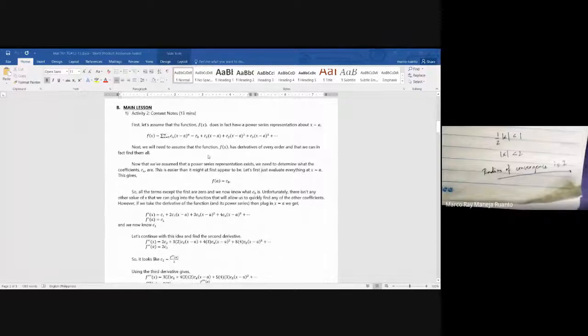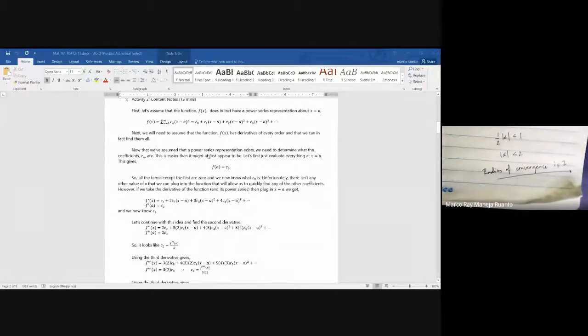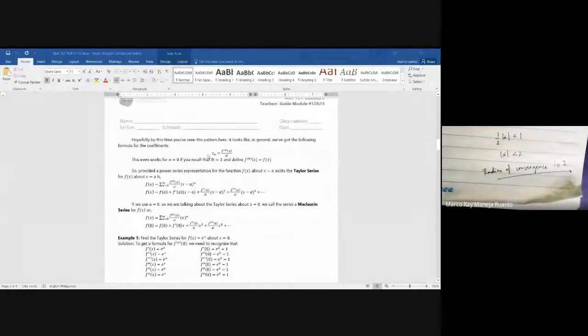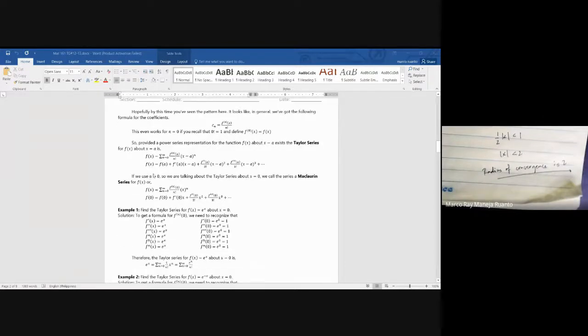So for the steps in finding the Taylor series and Maclaurin series, you are going to transform them into this format. So first derivative, f of x is equal to f of a plus f prime of a times x minus a, then second derivative of a over 2 factorial and so on.